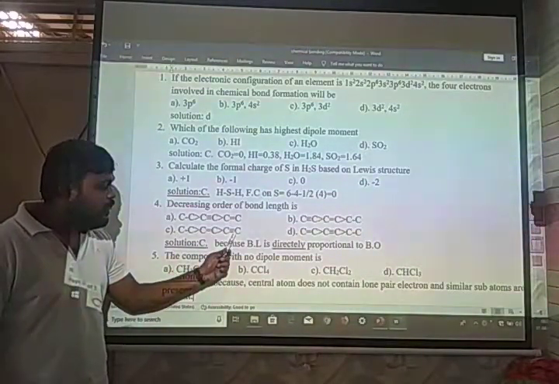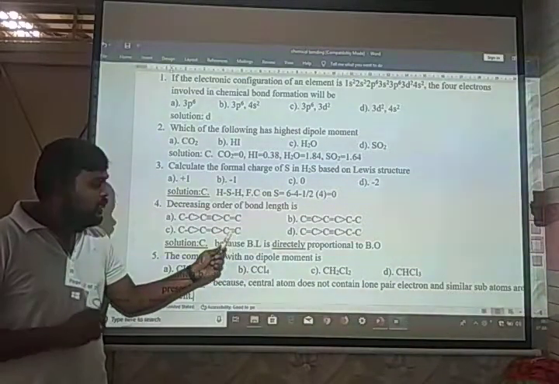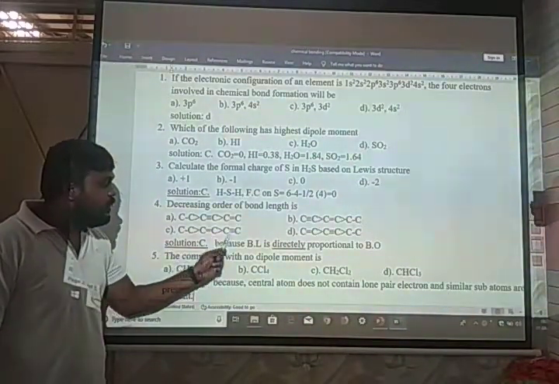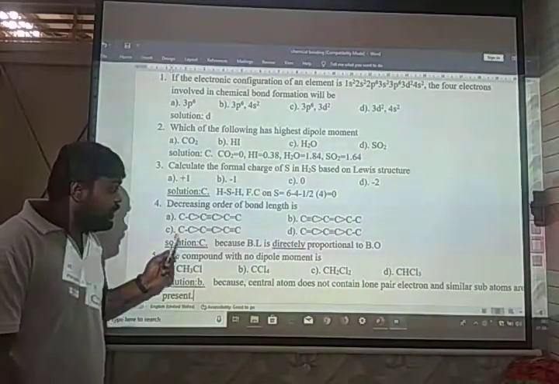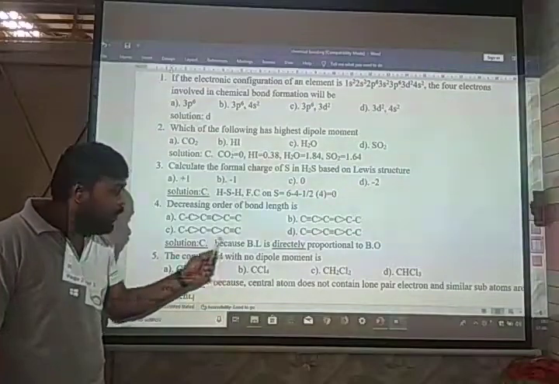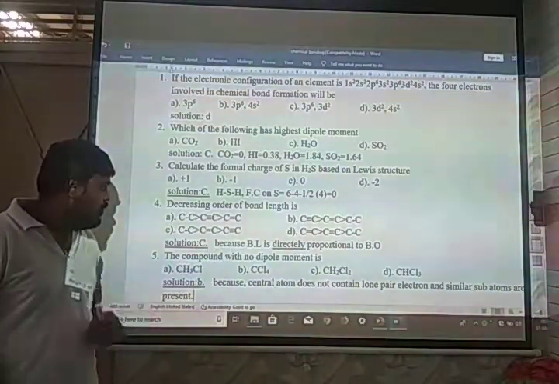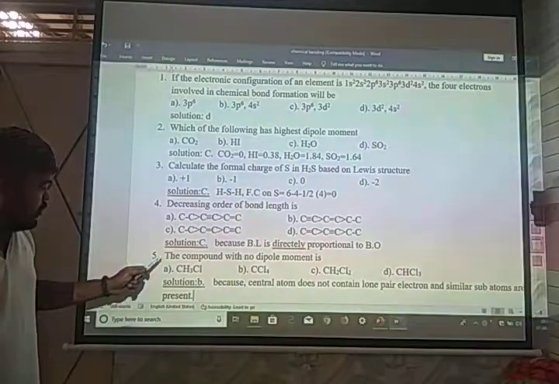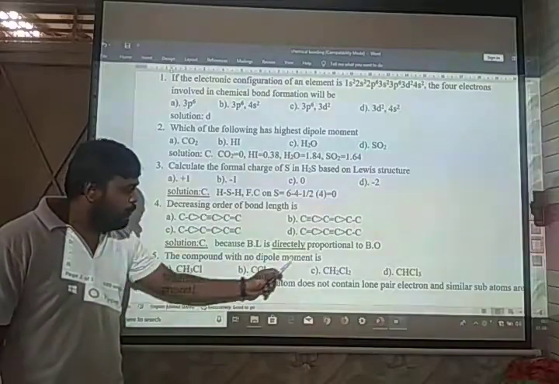In case of carbon-carbon triple bond, bond order is more, bond length is less. So this is the decreasing order of bond length and increasing order of bond order. As bond order increases, bond length decreases. Option is C.